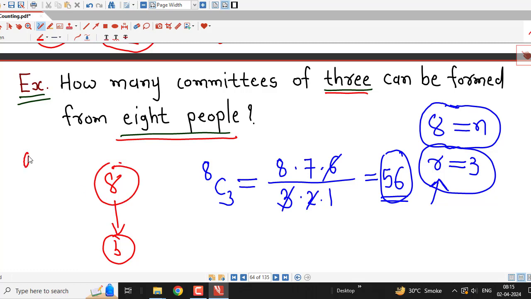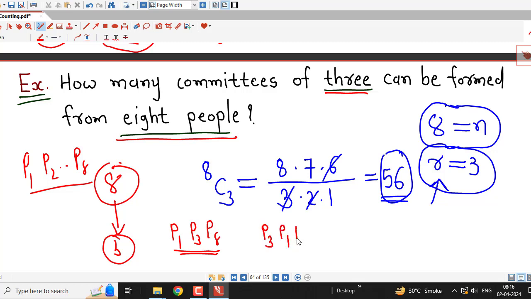Suppose the persons are denoted by P1, P2 up to P8. Whether I am selecting P1, P3, P8, or another arrangement P3, P1, P8, these two are considered as equal.